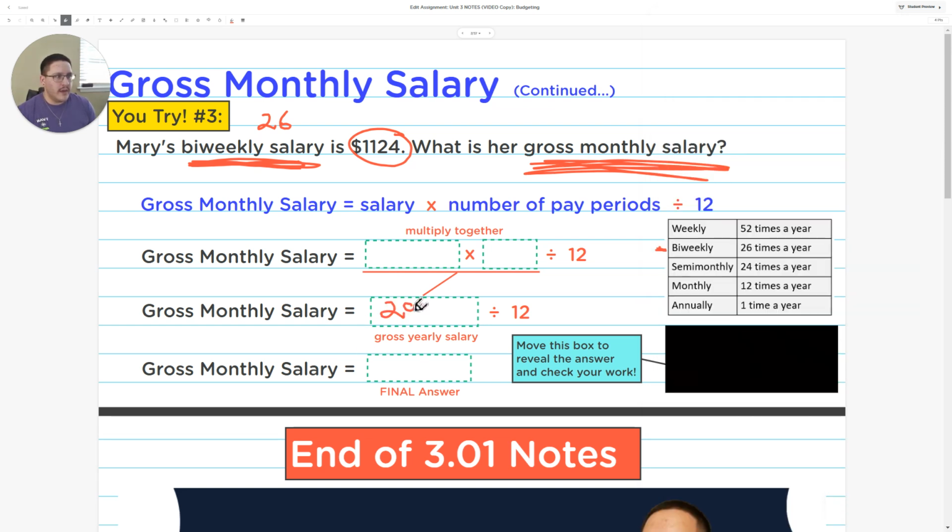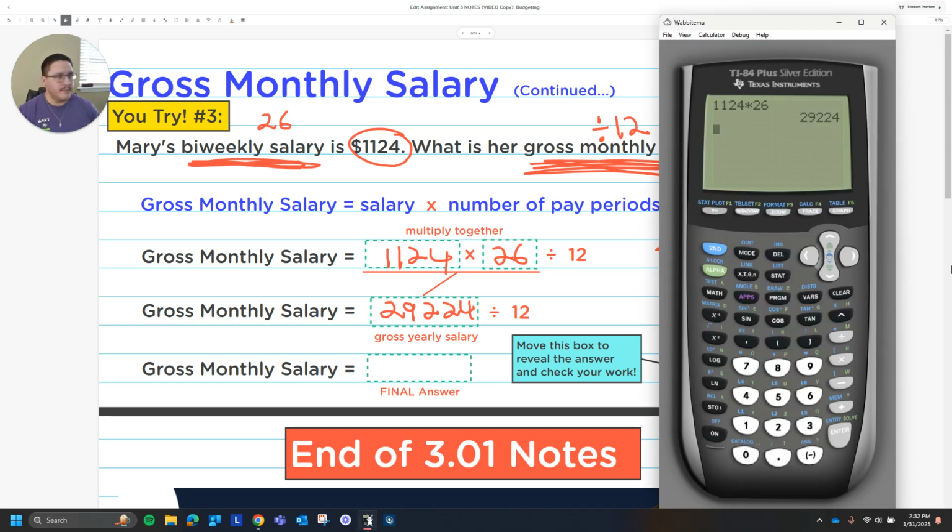29,224. And again, we multiplied 1124 by 26. Now that we got our gross yearly salary, we want to know what the monthly is. So we're going to have to divide by 12. So split this up into 12 months, divide by 12.